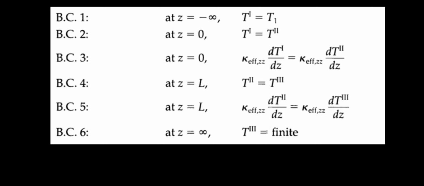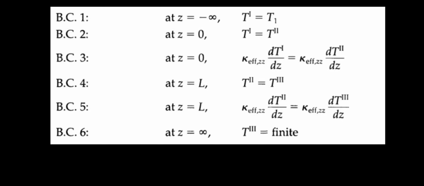And now boundary condition 6. At the outlet of zone 3, that is z tending to positive infinity, the temperature gradient approaches 0. Similar to the inlet condition, the assumption of an infinitely long exit zone is a mathematical simplification.